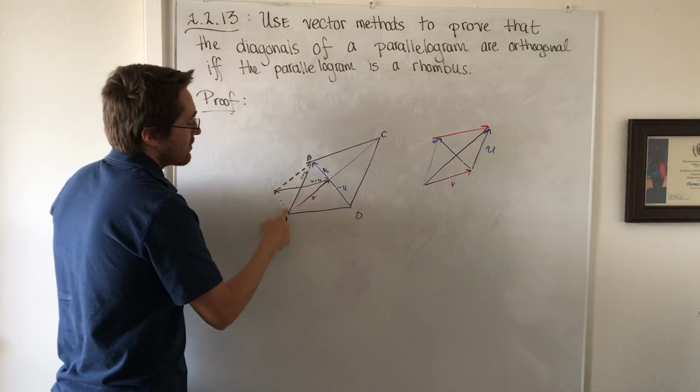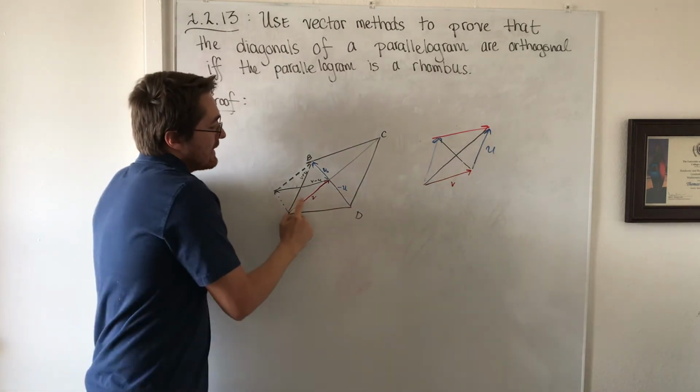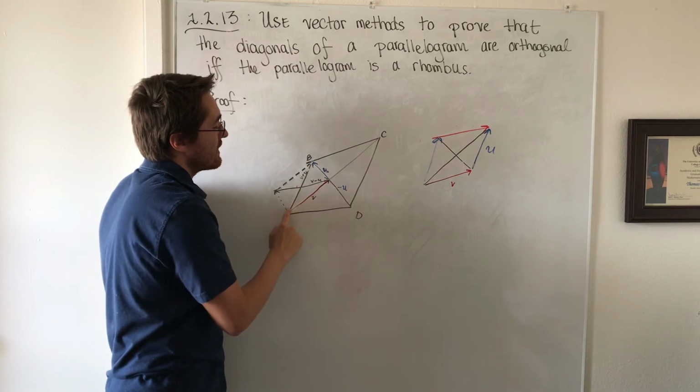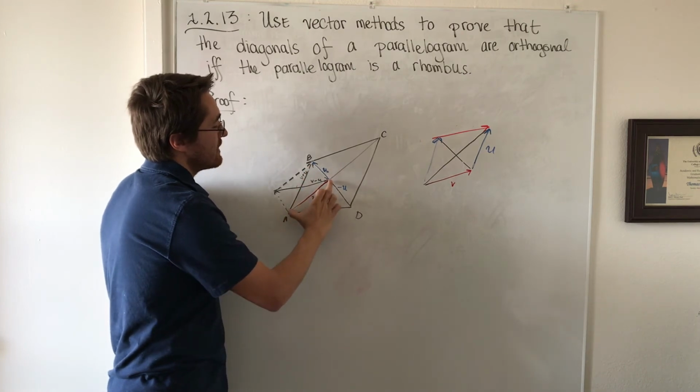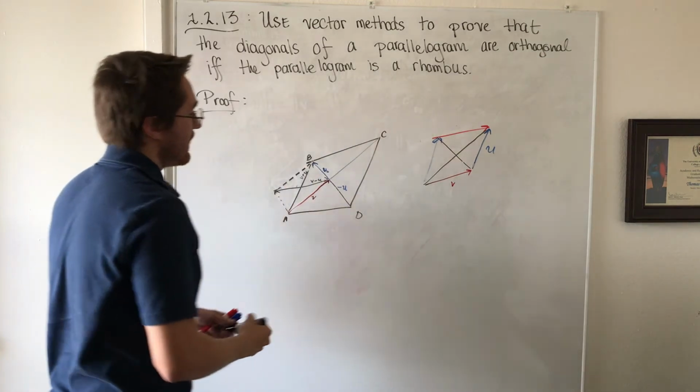And look what we've got. We've got a parallelogram here, and we know from our previous exercise that this equaling this in length happens if and only if this forms a right angle with that. So let's write that down algebraically.